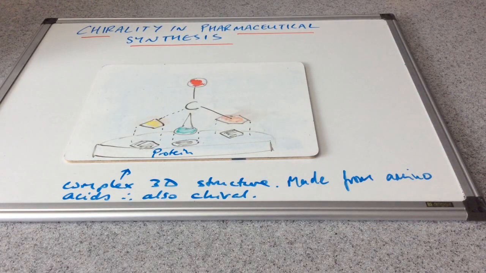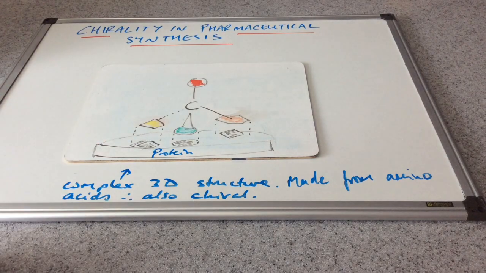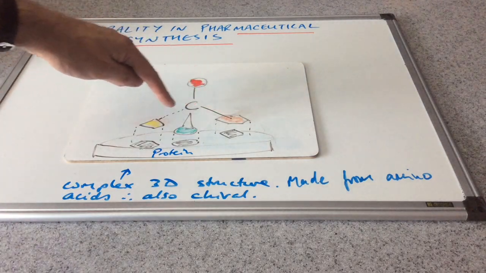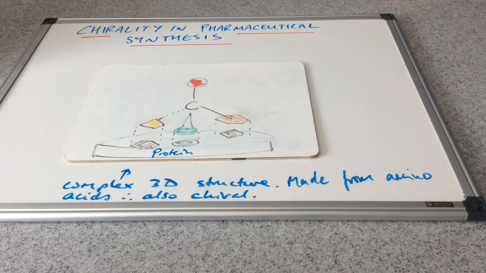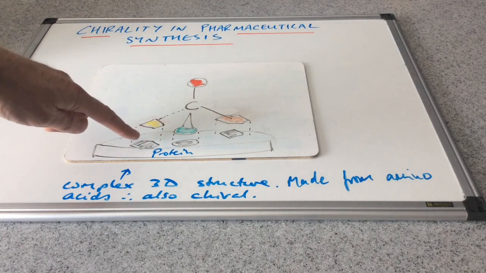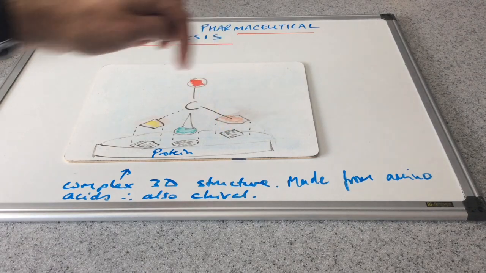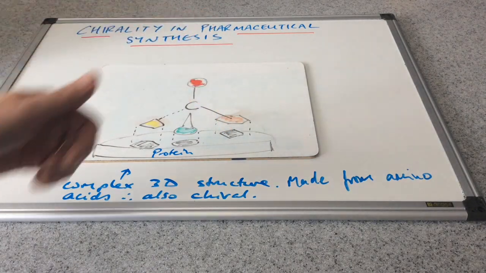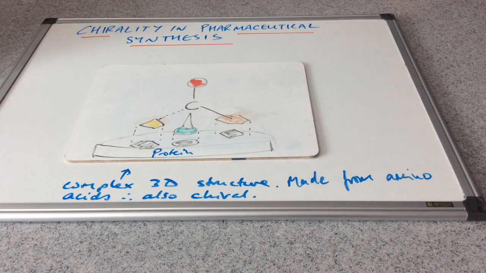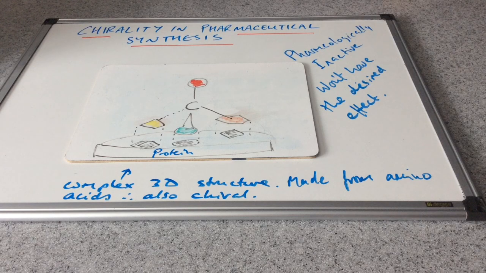Because this is the mirror image, the groups don't fit anymore, because these two are in opposite directions to before. The yellow diamond is now directly above the hexagonal shape, and the orange hexagon is above the diamond. This won't fit, so this will be pharmacologically inactive. In other words, it's not going to have the desired effect.